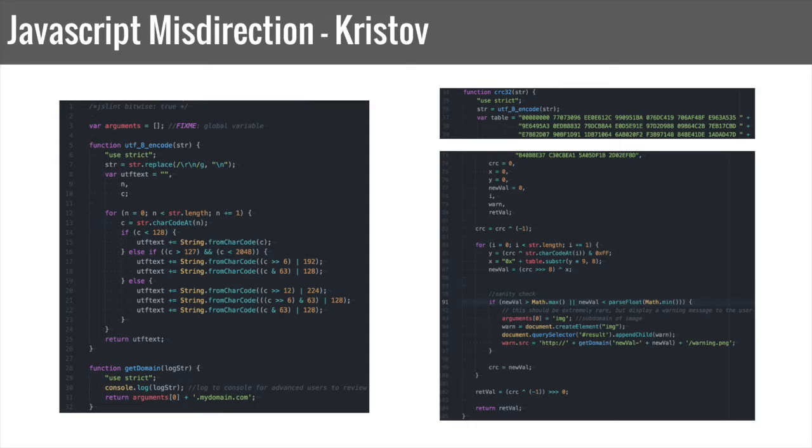And so actually the domain that we're referring to is going to be the private key, newval, dash, as defined on line 96, the private key or something related to it, then .mydomain.com at warning.png.